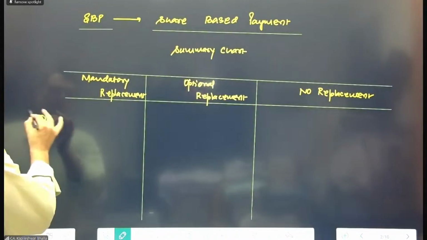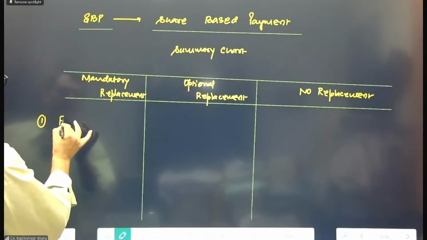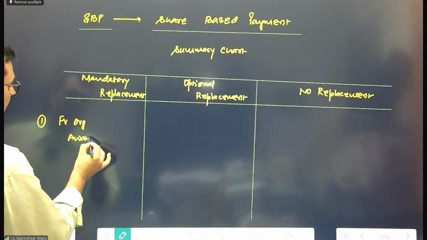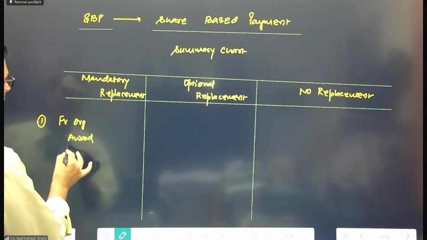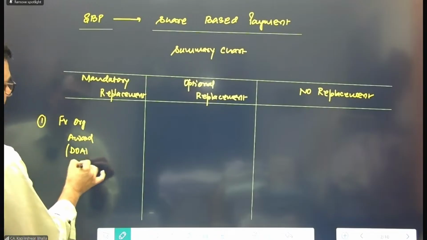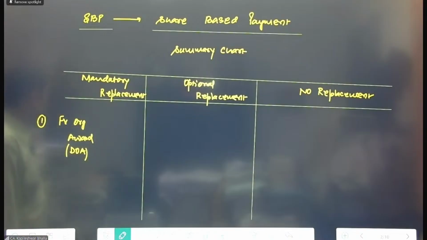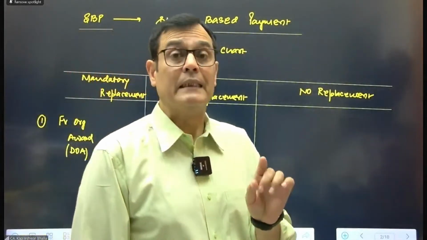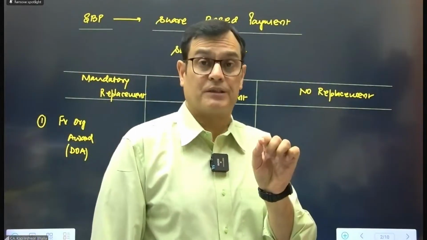What do I need to do? I need to get the fair value of the original award on the date of acquisition. Mind the words: the fair value of the original award on the date of acquisition, and take a proportion of this.